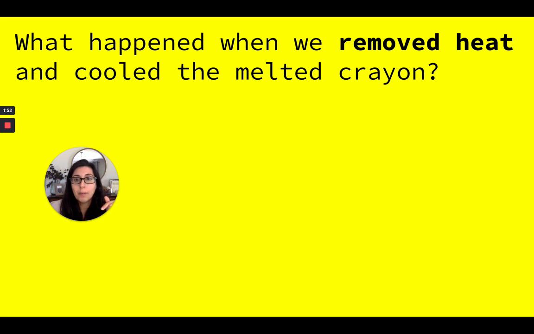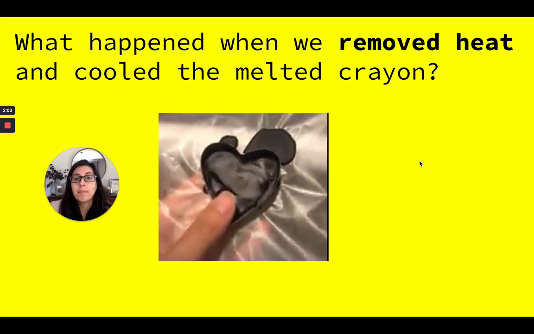We had poured it into that heart-shaped mold and we cooled it. What happened then? You're right. It changed back from a liquid into a solid. That change was reversed.